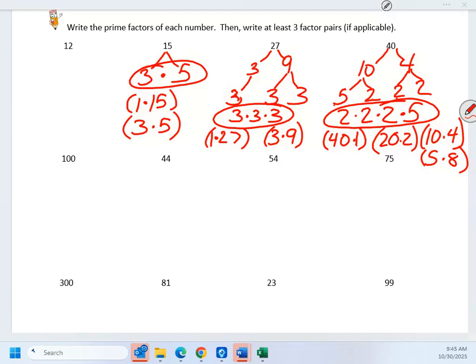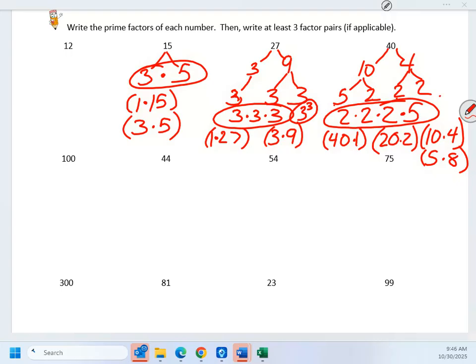You will see sometimes people get really mathy and they say 3 times 3 times 3. That's really 3 cubed. It's the same answer, right? Because 3 cubed would be 3 times 3 times 3. So I would accept it either way. Just know that you might see that.